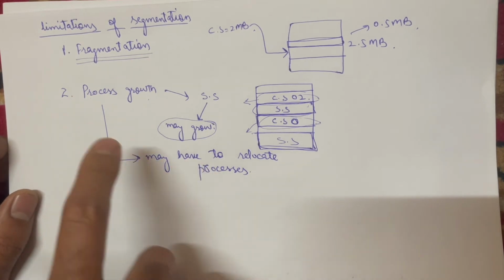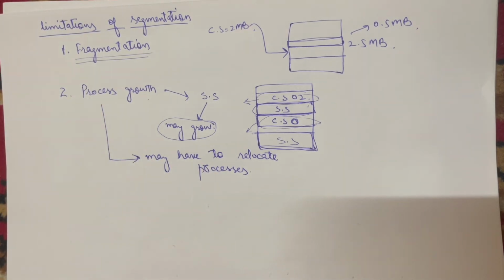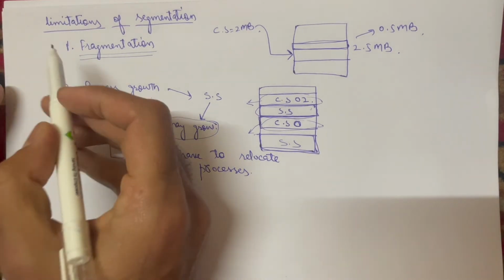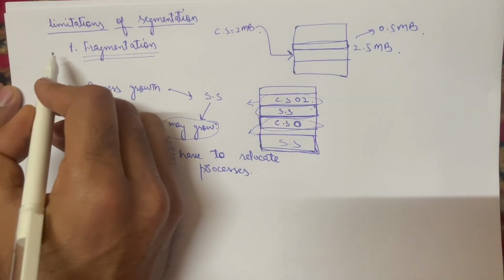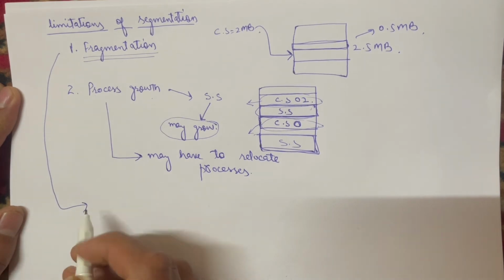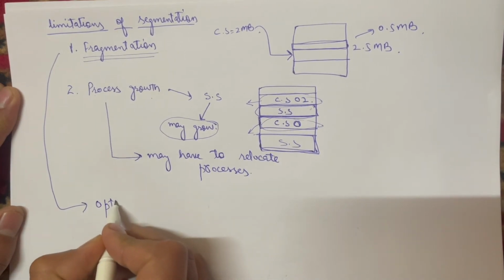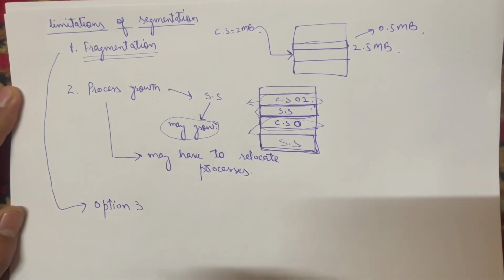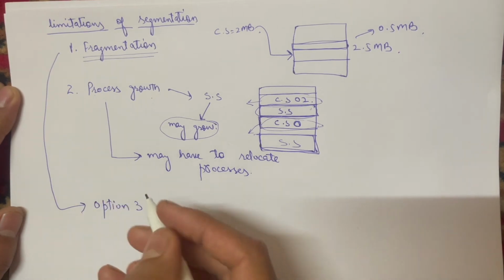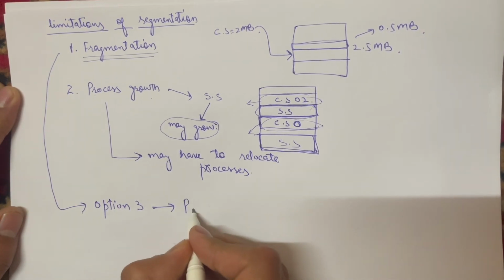So that is another limitation of segmentation. Because of these limitations, we are moving from the second option to the third option. And our third option for implementing virtualization, or virtual memory, is paging.